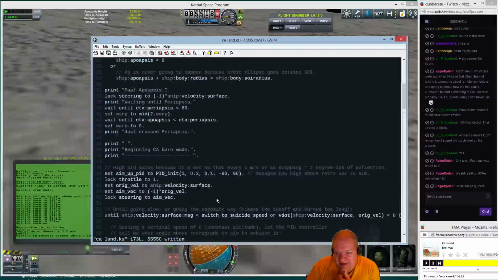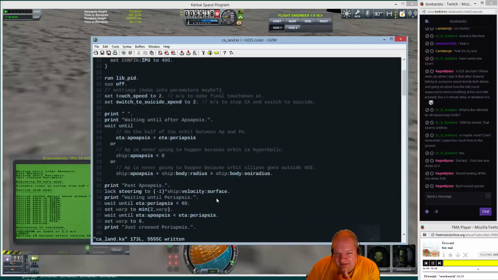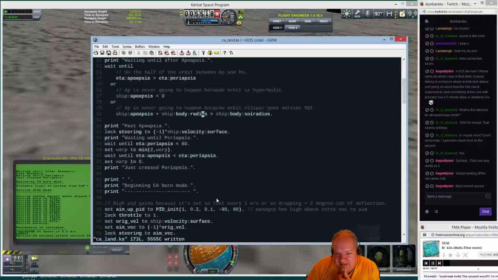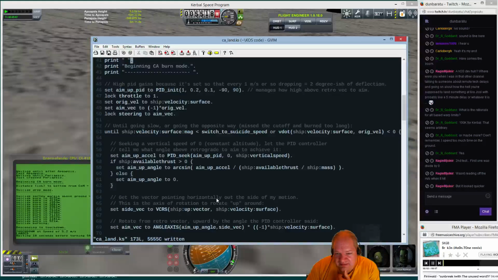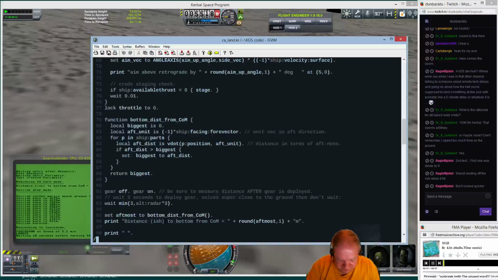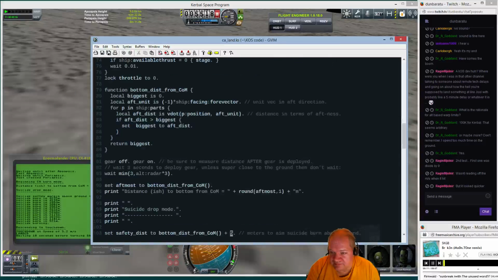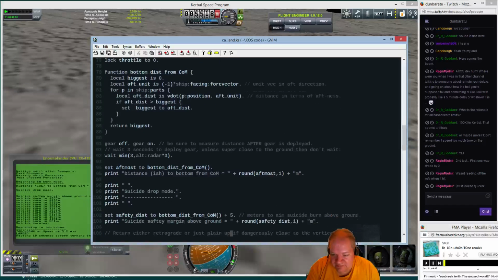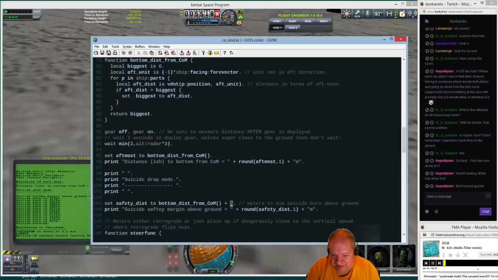Also, while I'm at it, 5 was definitely not enough safety margin. Let's go with 10.